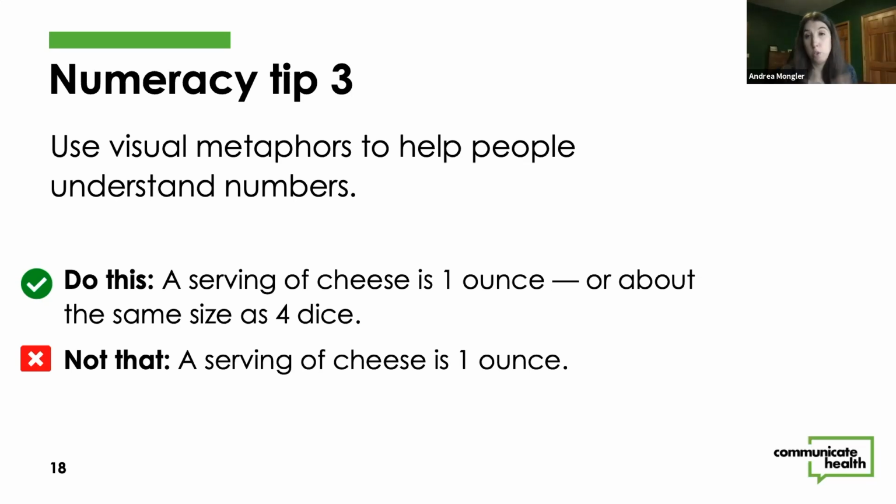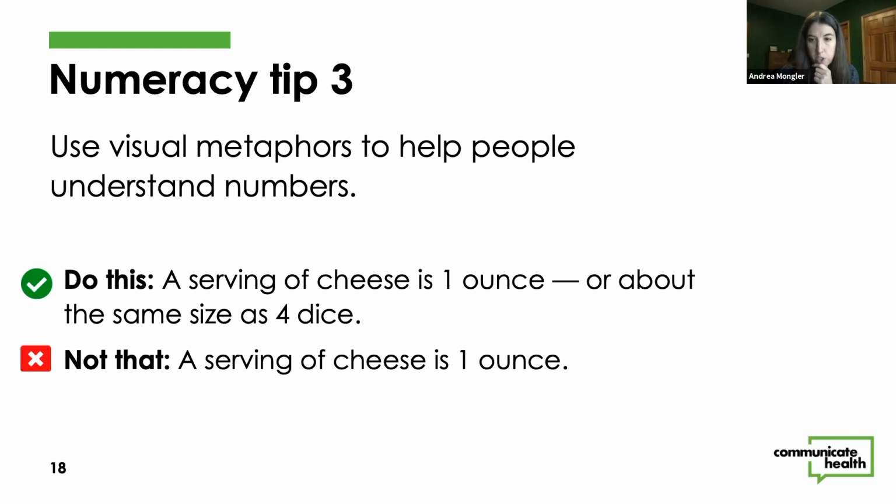Now, whether their own visual was accurate or not is another question, right? It may not have been. So if we can help people visualize something that's the right amount or the right size, we are really ultimately helping them understand that number and understand the health material.